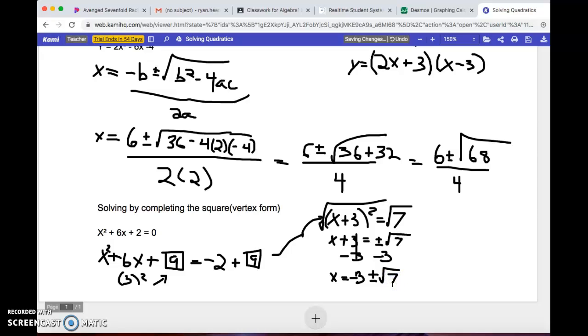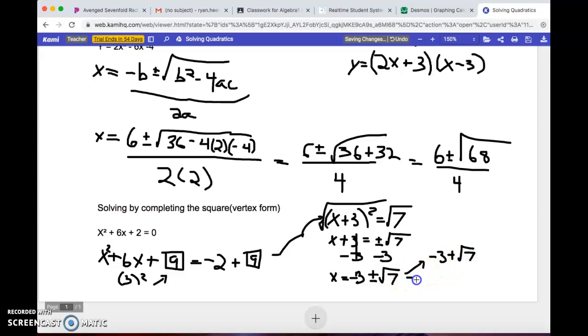Okay, so if you get that number, the 7 does not reduce, you get the plus or minus, and that number that comes over just sits in front. So that's really your exact answer. If you do need a decimal, I would just split it up. Do negative 3 plus radical 7 and get your decimal for that.